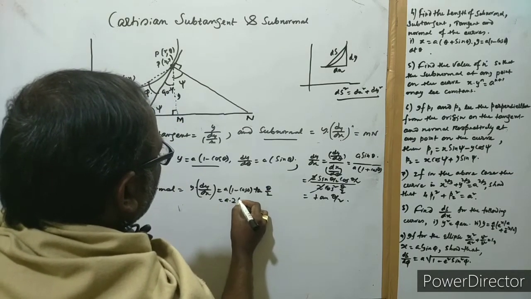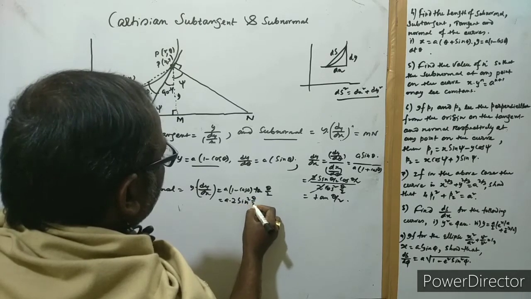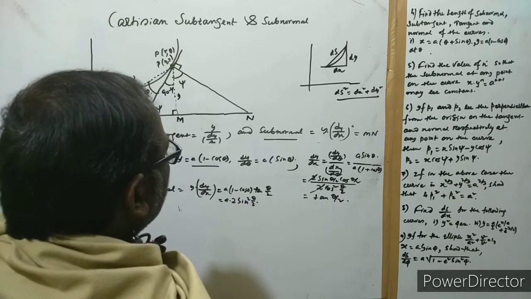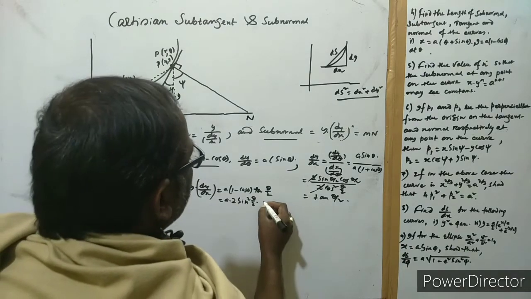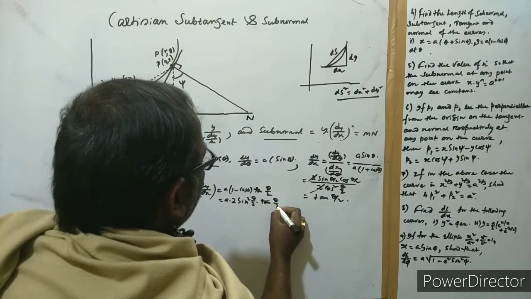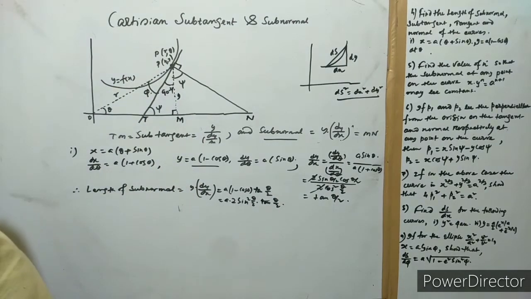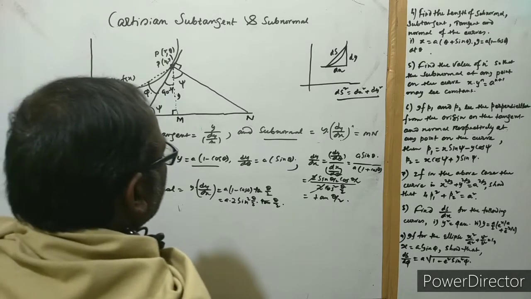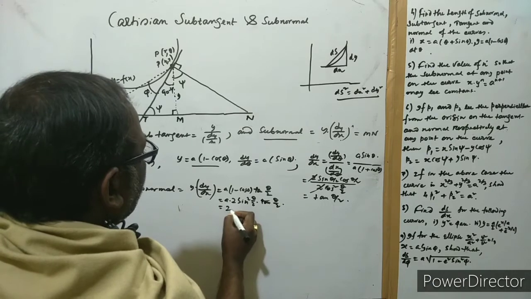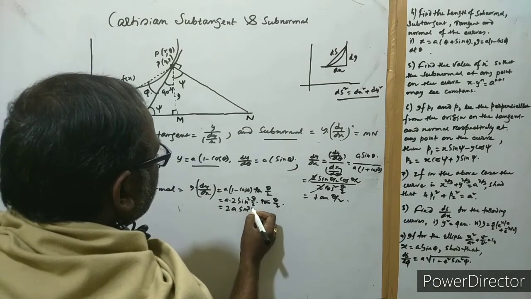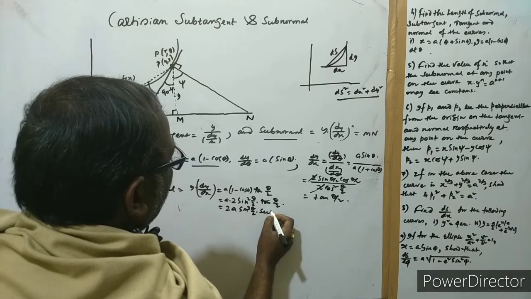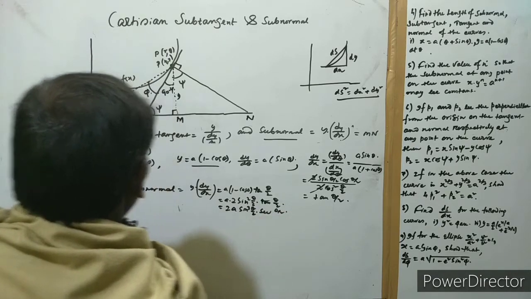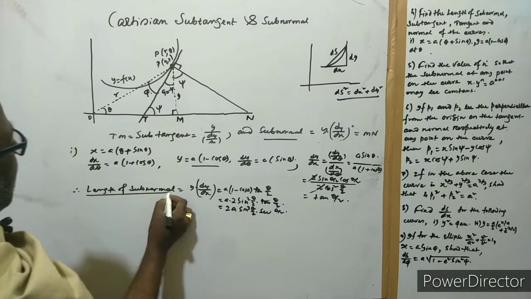So a into 2 sin square theta by 2 into tan theta by 2. Actually 2a sine cube theta by 2 and sec theta by 2. This is the length of subnormal.